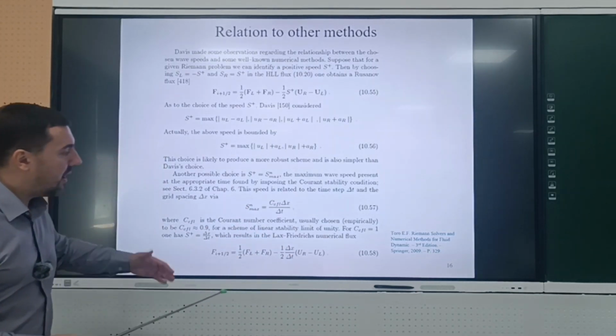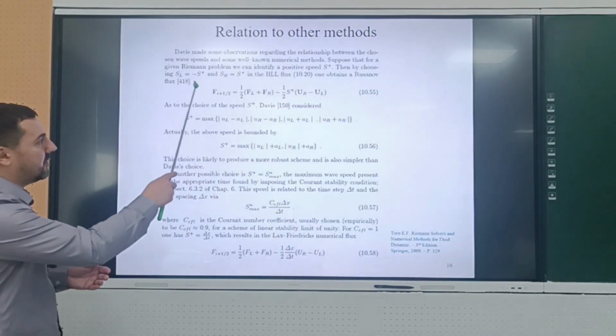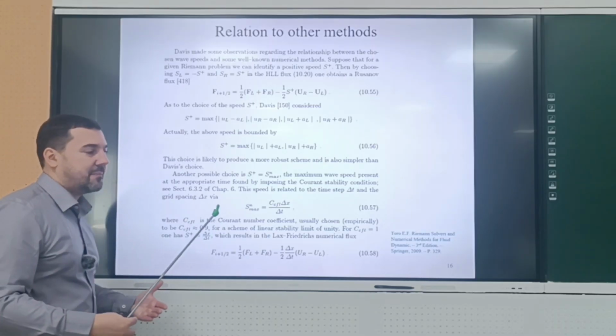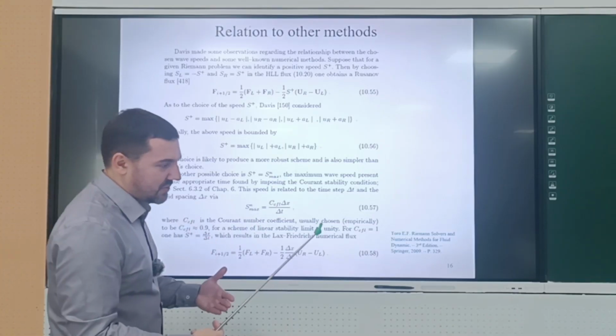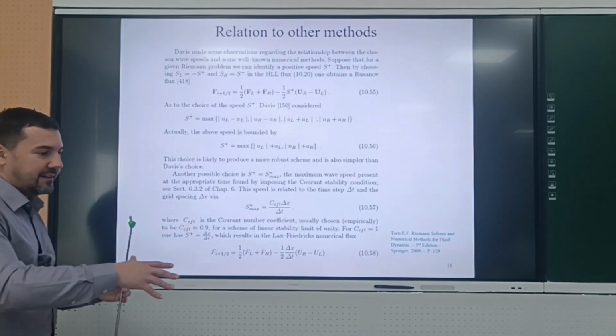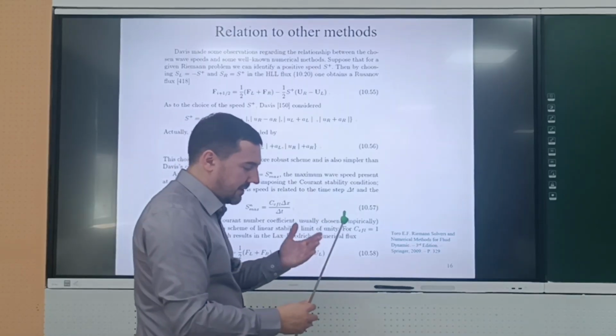This one. So if you choose in some specific manner these velocities of disturbance propagation, you will get the known formulas that can be obtained using characteristic analysis of the equations. So it demonstrates the strong coupling and relationship between all these methods.